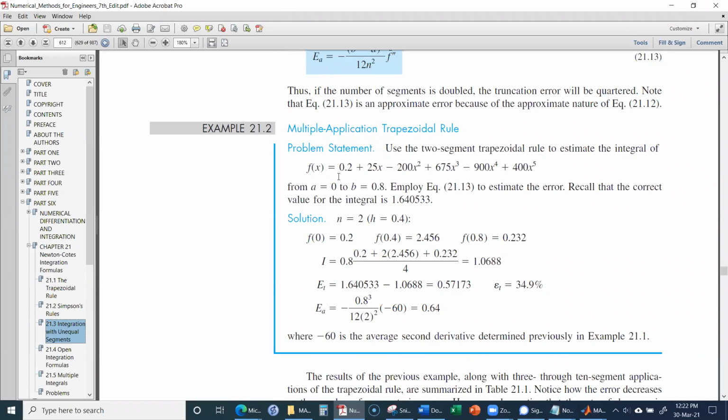Remember that yesterday we had this fifth order polynomial function, and we wanted to integrate it from 0 to 0.8 using the trapezoidal rule. By taking only two segments, that is n is equal to 2, we found that the answer was 1.0688.